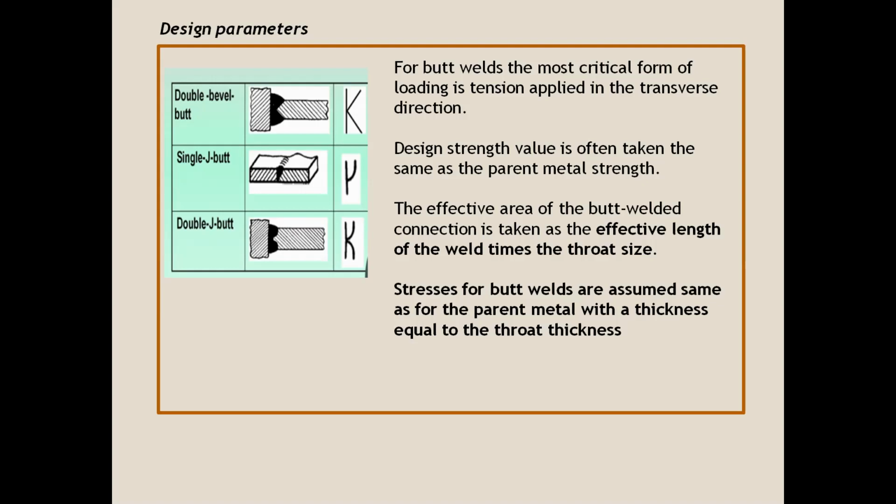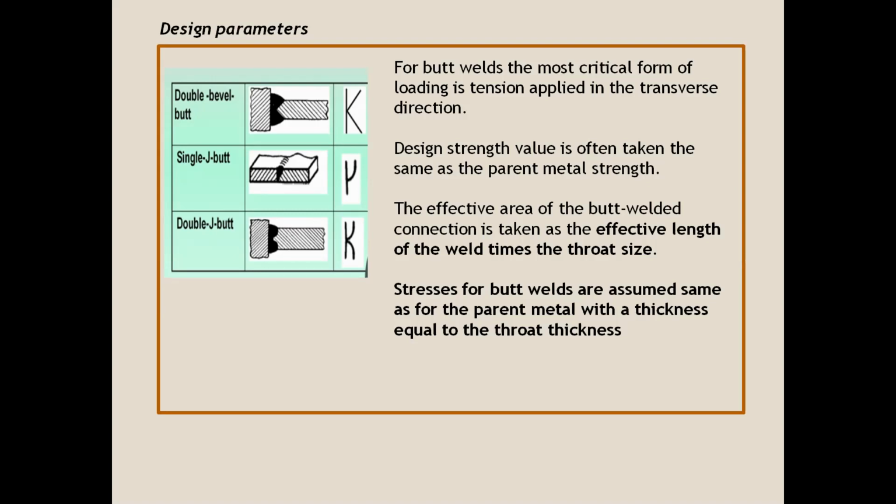The effective area of the butt welded connection is taken as the effective length of the weld times the throat size. Stresses for butt welds are assumed the same as for the parent metal with a thickness equal to the throat thickness. This is the design parameters for butt welds.